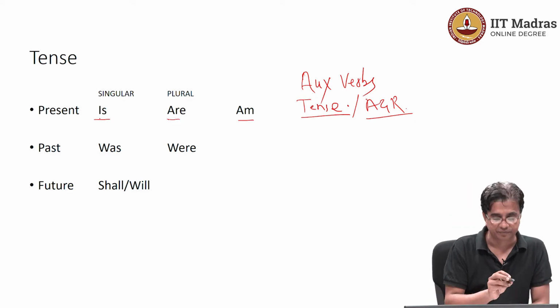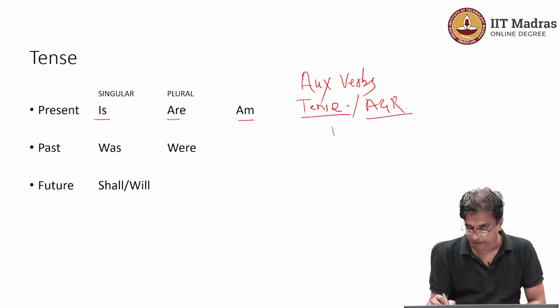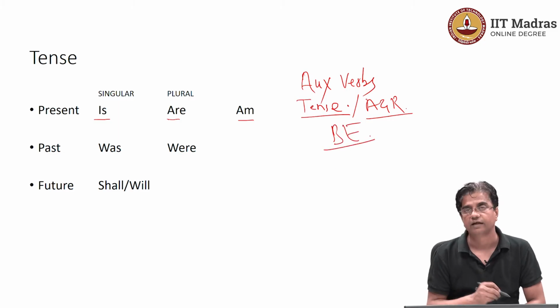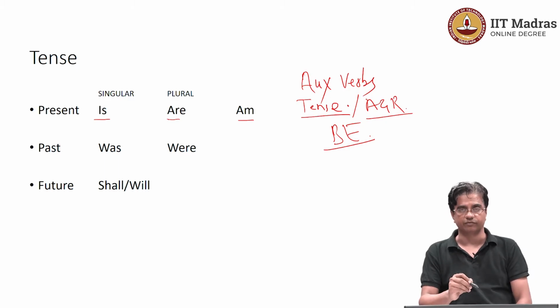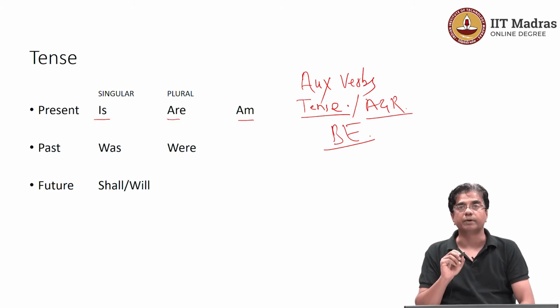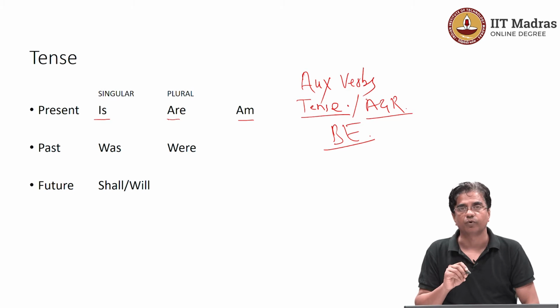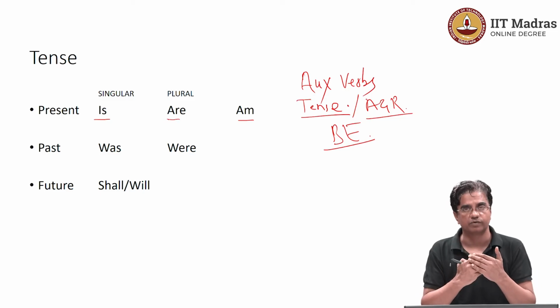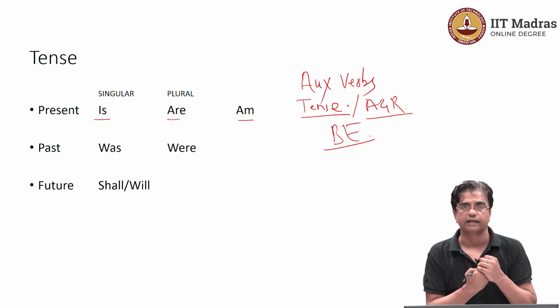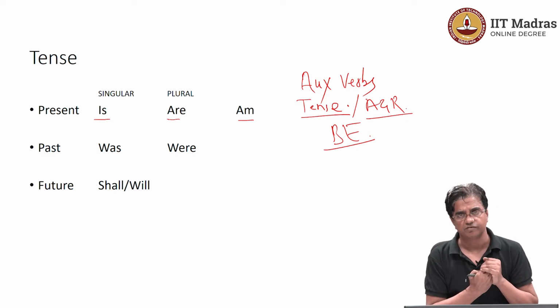So they are all different forms of verb be in English, and therefore probably this is called auxiliary verb. But keep in mind, I repeat one more time, they are not verbs. We need to understand verbs carefully in English for our understanding of sentences. Verbs have completely different functions.